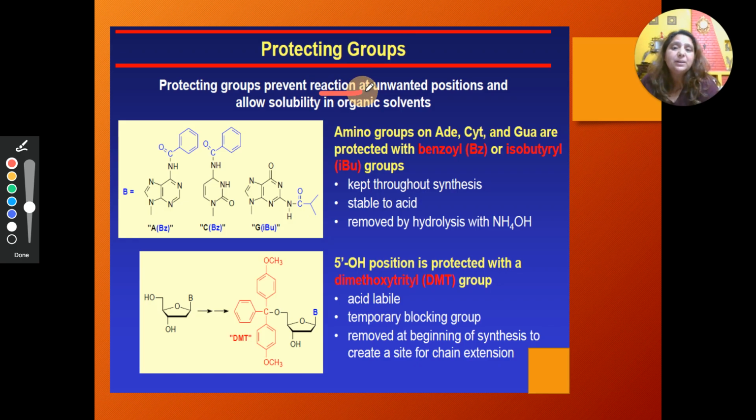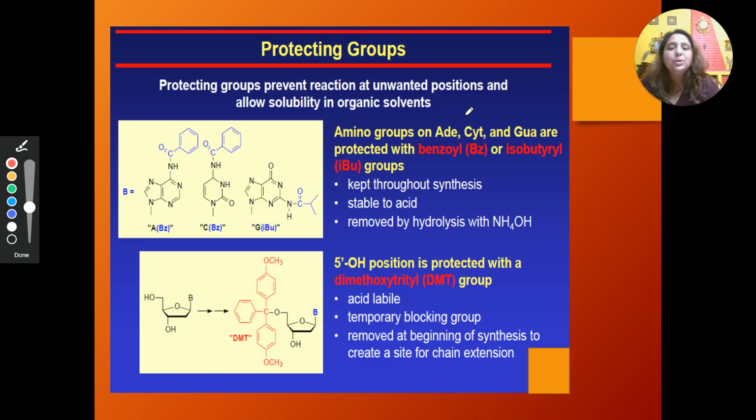They are present because they prevent unwanted chemical reactions and therefore allow solubility in organic solvents. Meaning if you want that your molecule, whether a nucleoside or a nucleotide, should not react with anybody, and there are certain reactive atoms present on its surface, then you would block or stop the unwanted reaction by adding these protecting groups.